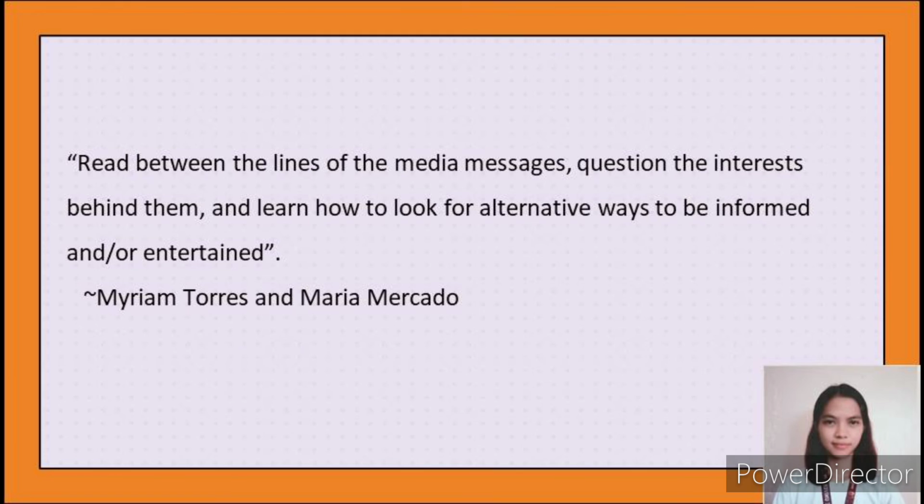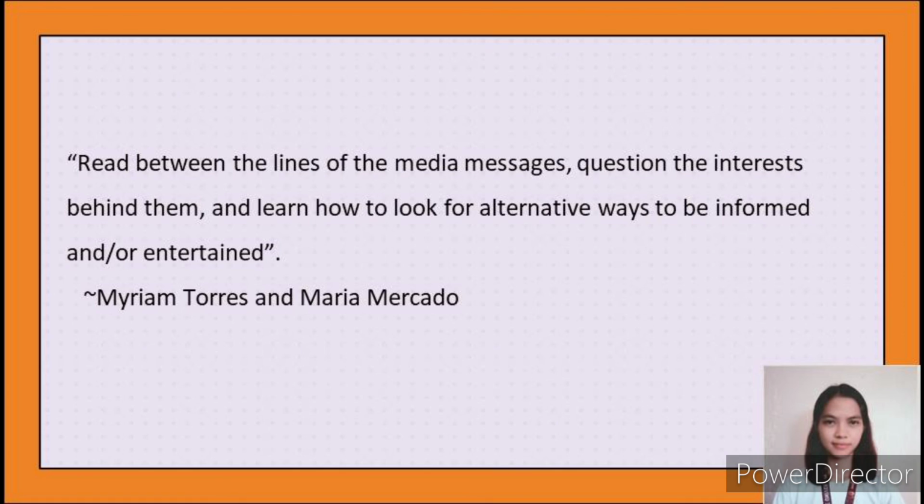lines of the media messages, question the interests behind them, and learn how to look for alternative ways to be informed and or entertained. Furthermore, because students have free access to an astonishing amount of information, they must be prepared to evaluate the credibility of sources so that they are not completely vulnerable to fraudulent information.